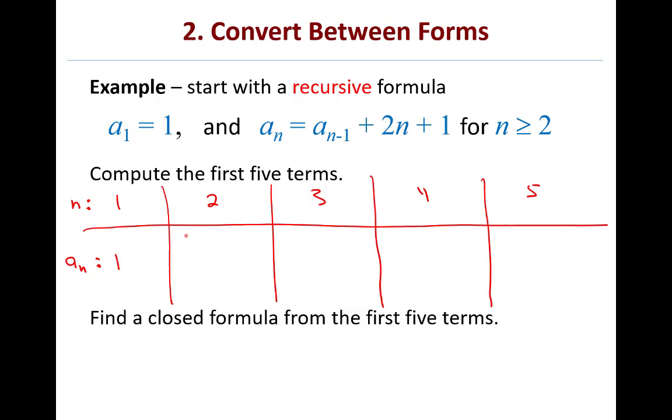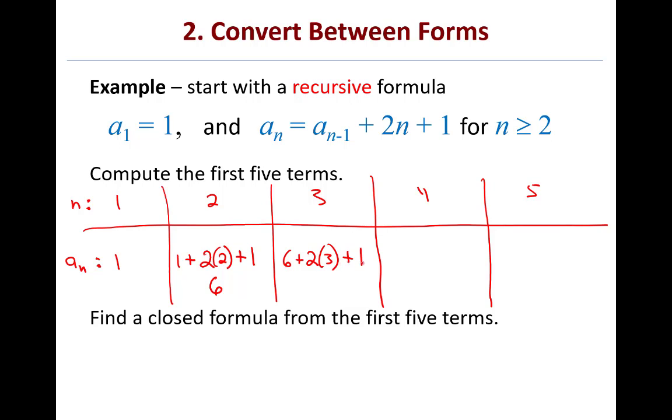How do I figure out a sub 2? Well, a sub n is the previous term plus twice the index plus 1. So it's the previous term, that's 1, plus twice the index, in this case my index is 2, plus 1. So that looks like 6. All right, how about a sub 3? A sub 3 is the previous term, there's the 6, plus twice 3, plus 1.